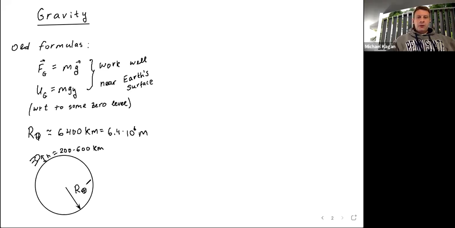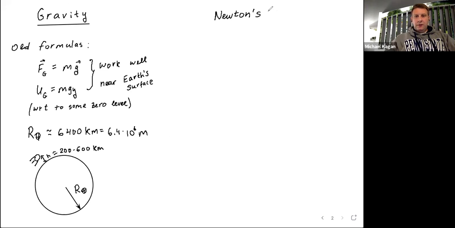So I just jumped ahead, I guess. I disclosed the secret that force of gravity gets weaker with distance. And as you probably know, the first person who actually quantified that was your old friend, Isaac Newton. And what we know as Newton's universal law of gravitation.